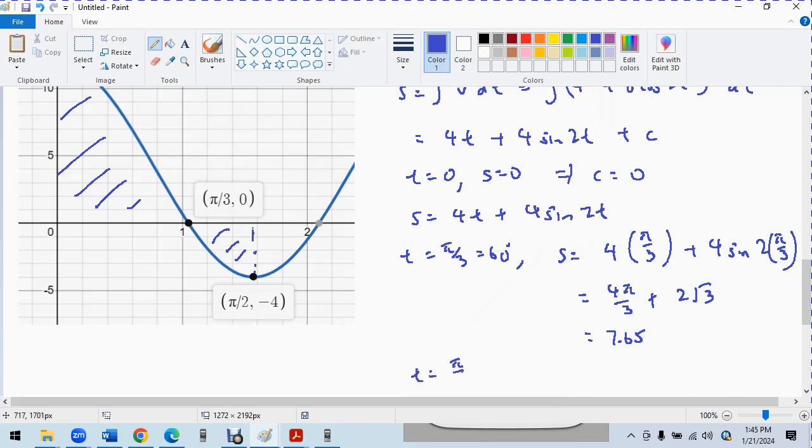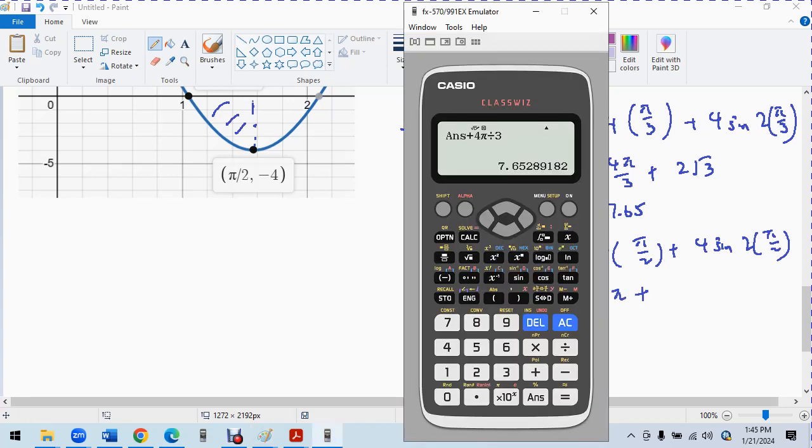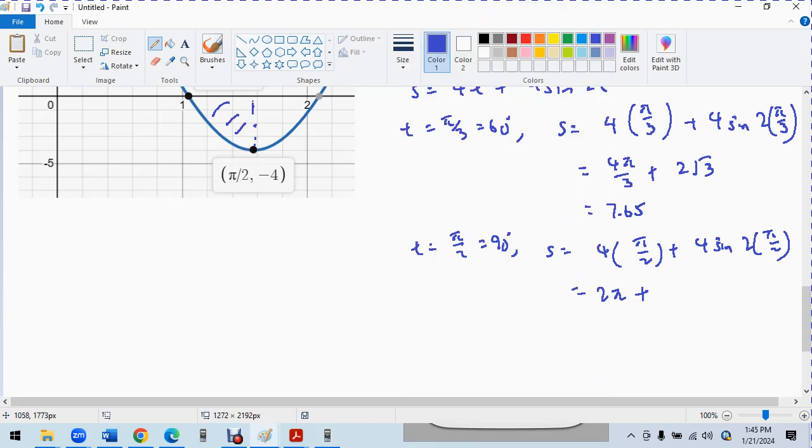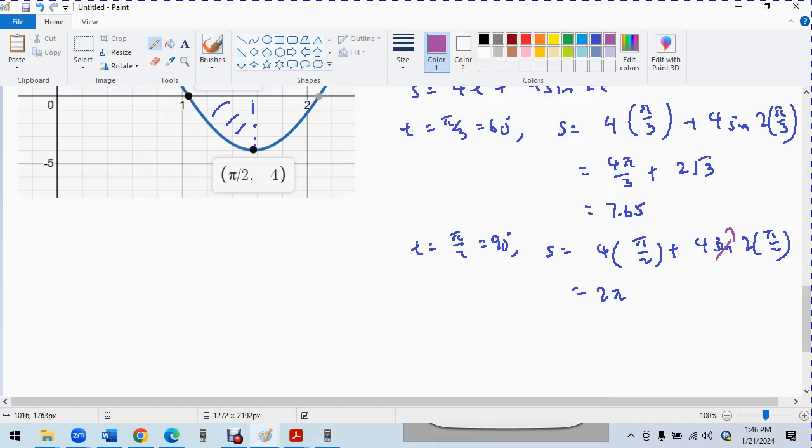When t equals pi over 2, that is 90 degrees, s equals 4 pi over 2 plus 4 sine 2 pi over 2. That is 2 pi plus 4 sine 180, which is 0. So we get 2 pi, that is 6.28.